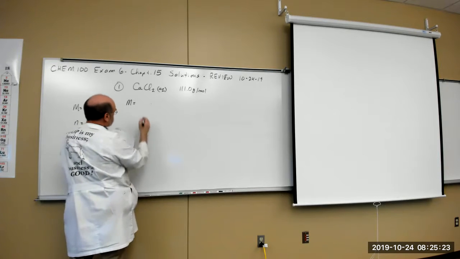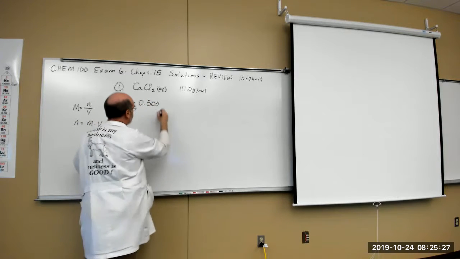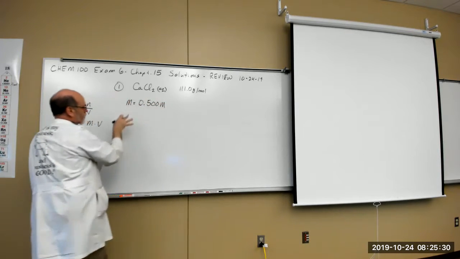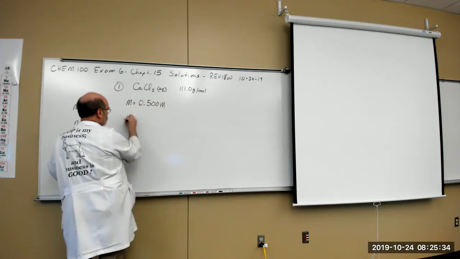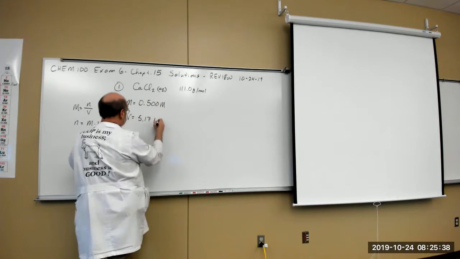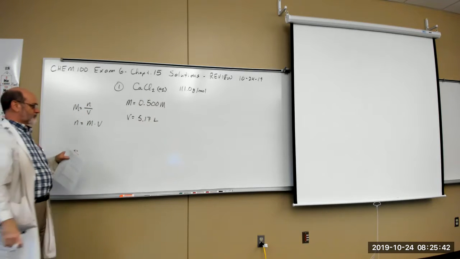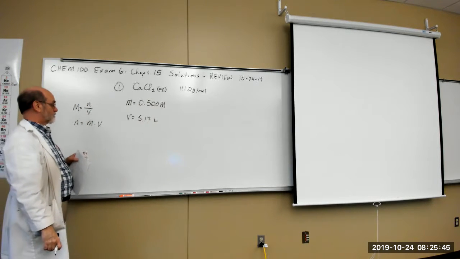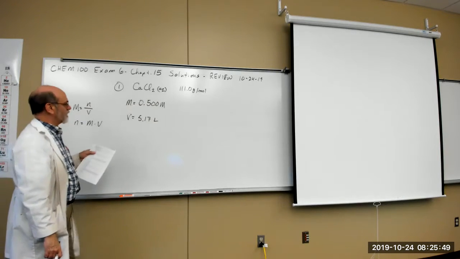Molarity is 1/2. So 1/2 molar calcium chloride is our target solution, and we want to end up with a volume of 5.17 liters. Okay? So what's the question? The question is, what mass do we need?